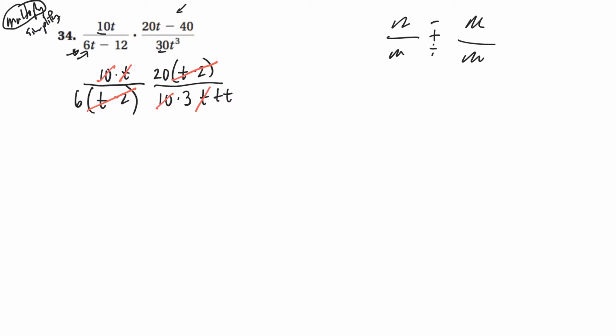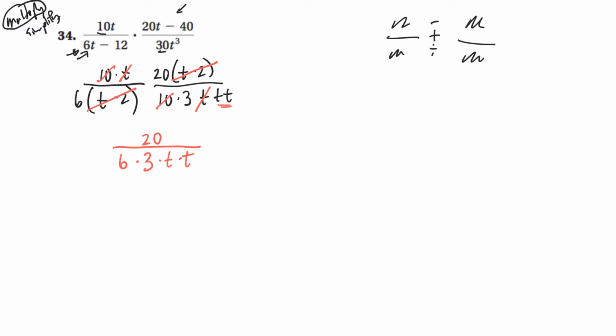And then, just maybe to write what I have so far, I've got a 20 on the top, and on the bottom I have a 6 times 3, and then I have 2 t's there, times t times t. Now I want to see if there's anything else I can factor.